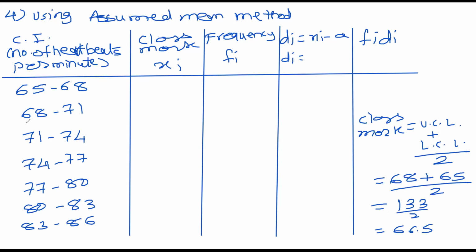Now the class width is 3. Okay, what is the class width? The difference between the upper class limit and the lower class limit is class width. And since the classes are continuous, the class width is same. It is constant. So if you do the class mark of first class, you just have to add the class width one by one. Okay. मग याचं काय होणार आहे? 66.5 plus 3, that is 69.5.